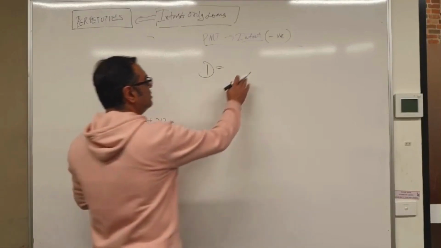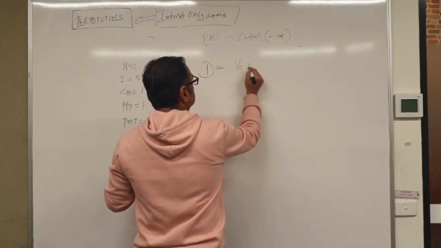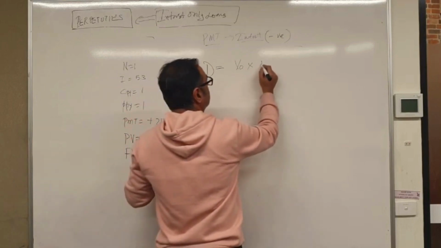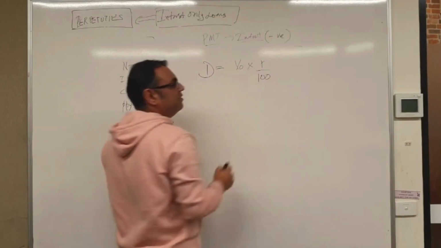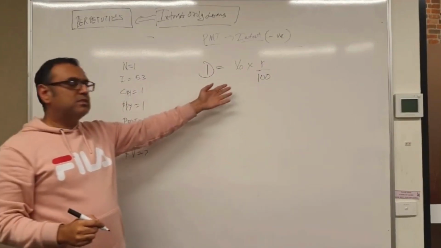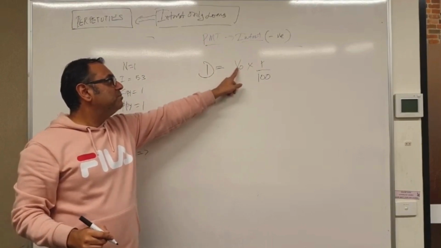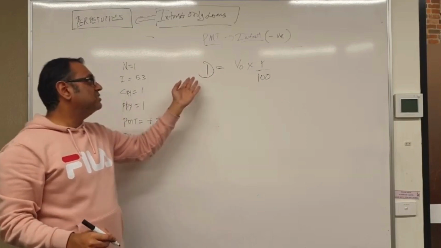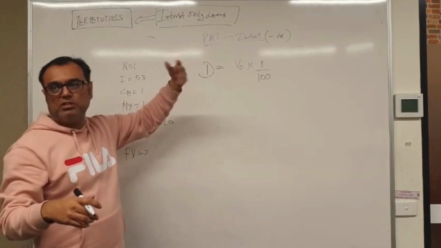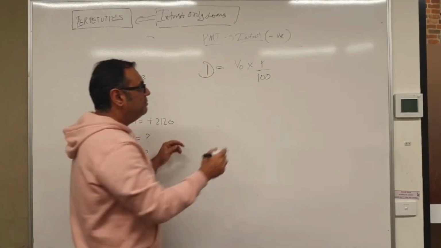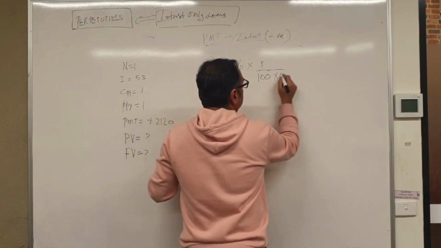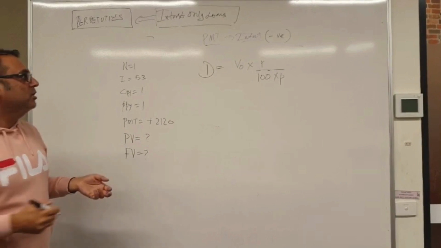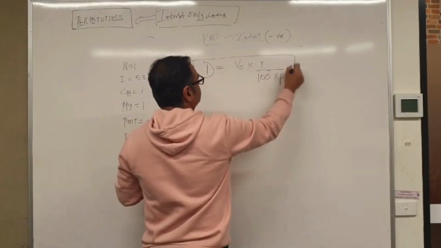So principal times there would be a rate of R over 100, right or not? Some percentage of the principal value will be your PMT because that's the interest portion and that's what you just keep paying. But then mind you, you need to take care of the compounding period as well here. So that is the formula.